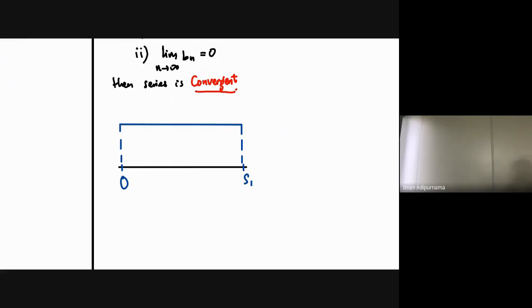Let's say this is the P1, this line from here. Okay. P1. And then from here until here, it's minus B2. Okay.